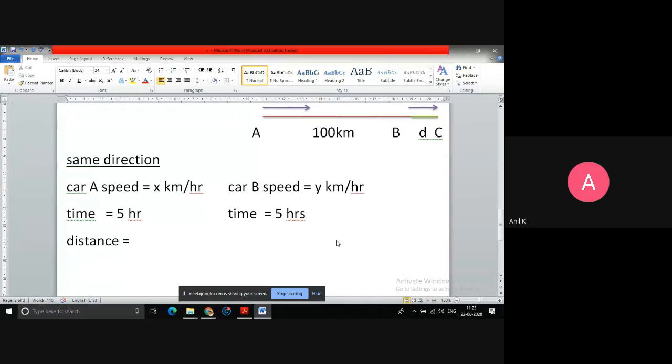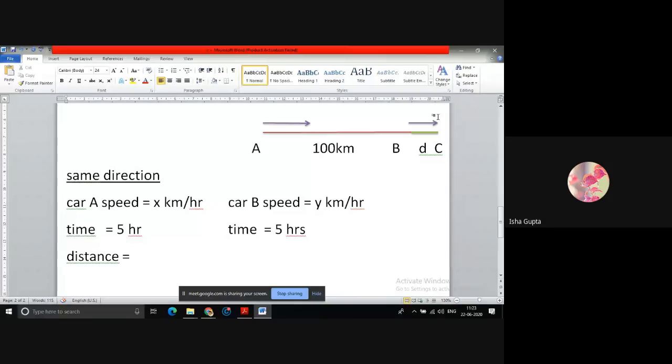Starting from A, it has to go till point C. It is 100 plus D, because A to B itself is 100 kilometers. Then it has to go till C, that is D kilometers. So the total distance traveled by A is 100 plus D.